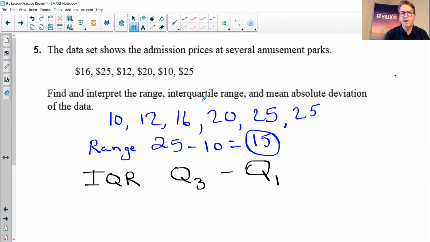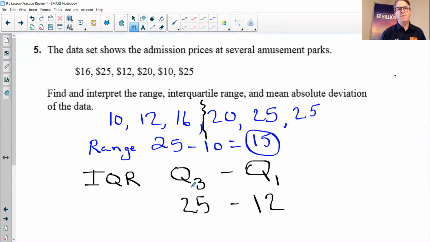You've got the left side of these three, and the other three over here. Then we found that this 12 would be the Q1, and this 25 is the Q3, because basically we found the median of each side.